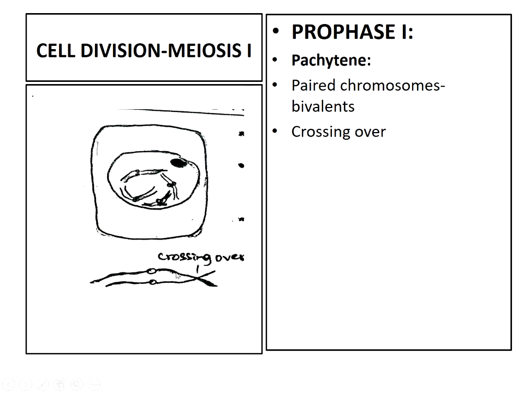In the diagram you can observe the crossing over, which is defined as the exchange of genetic material between non-sister chromatids of a homologous pair of chromosomes.